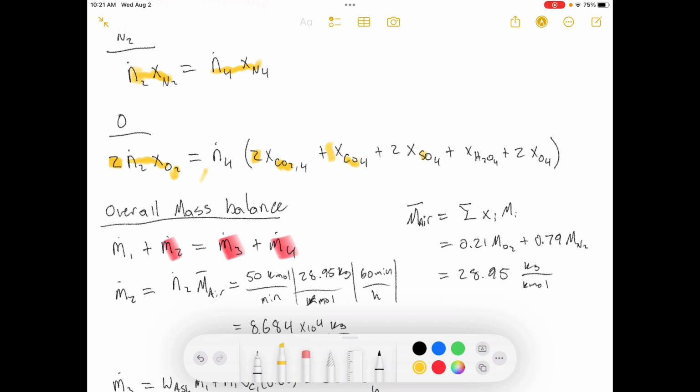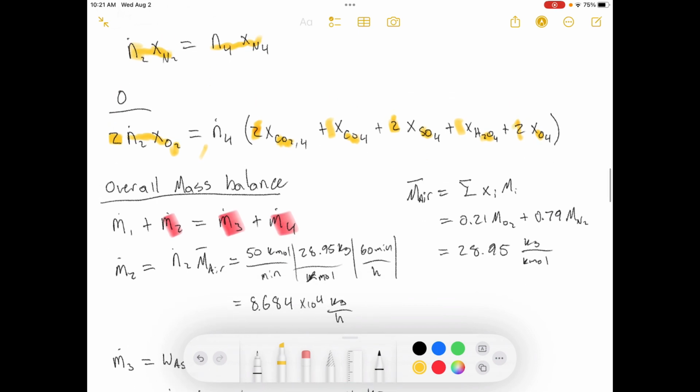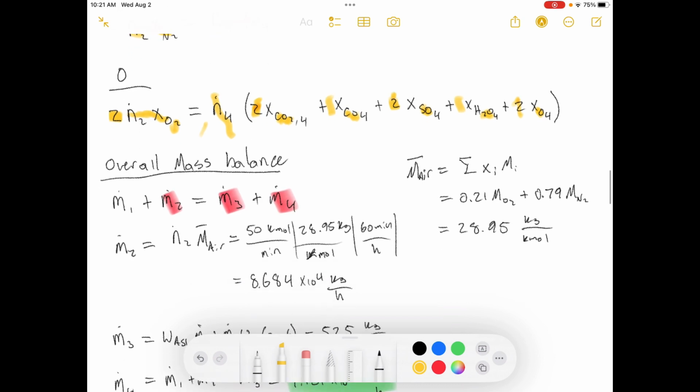For every mole of sulfur dioxide, there's 2 moles. For every mole of water, there's 1 mole. For every mole of oxygen, there's 2 moles. Okay? That's where all these coefficients come from. Those are really important when you end up balancing this in the end. Okay? And that's all in the stack, right? Okay.